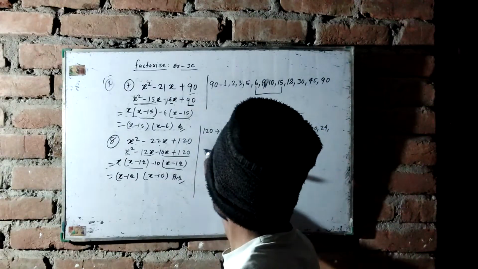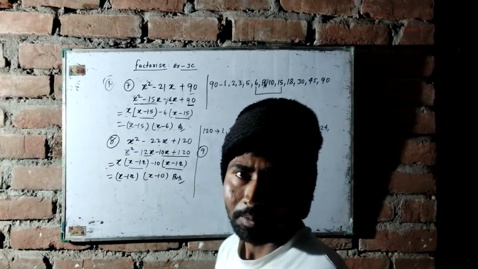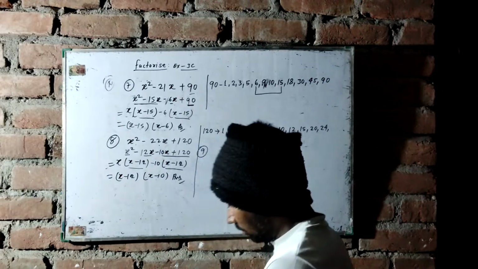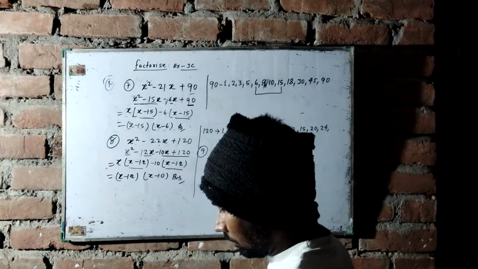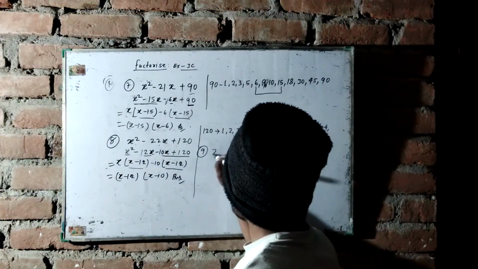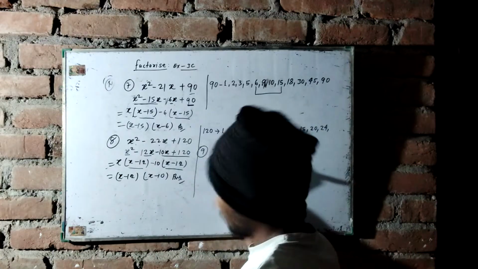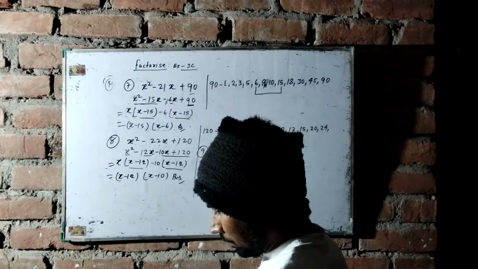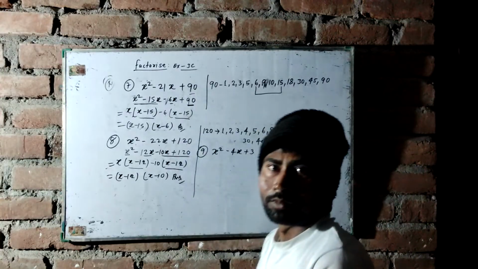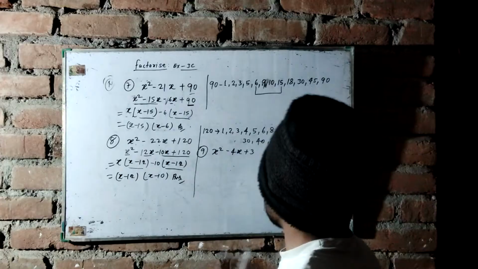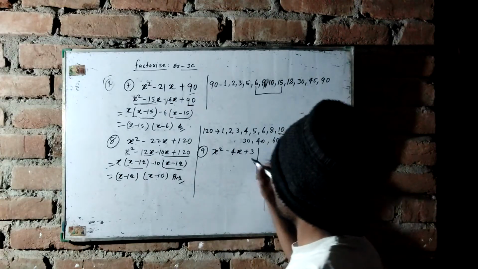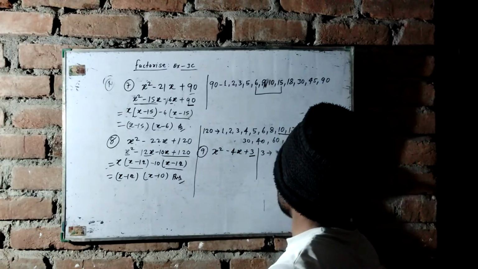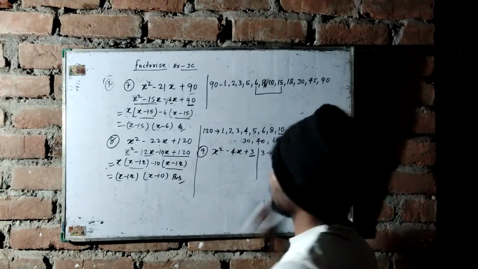Question number 9. x squared minus 4x plus 3. Now we have to write all factors of the constant number 3. So we can write here 1 and 3.